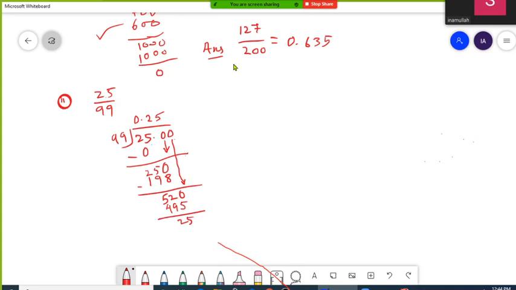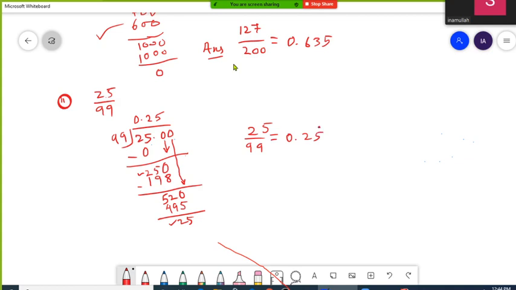Look at this, here we had 25. So this number will start repeating. Your answer is 0.252525, which will continue. So 25 upon 99 is actually equal to 0.25, and this 25 will continue.